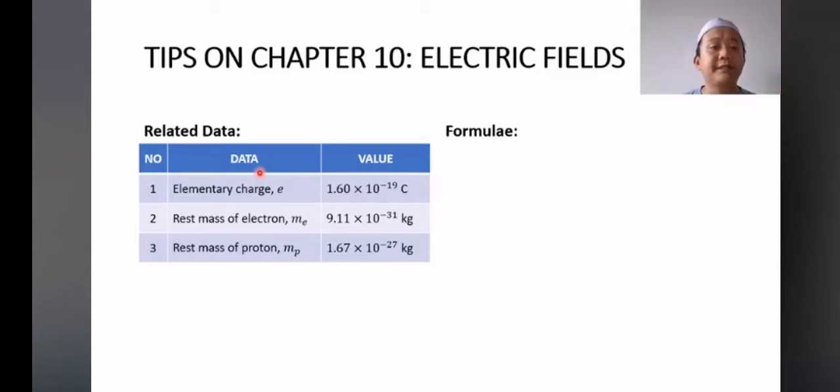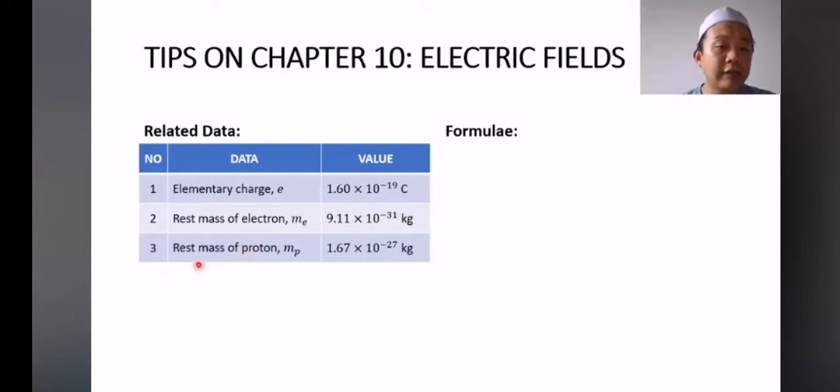For this chapter, the related data that might be important is the value of the elementary charge e, given as 1.6 times 10 to the power minus 19. The rest mass of electron is 9.11 times 10 to the power minus 31, or approximately 10 to the power minus 30, but stick with this value.